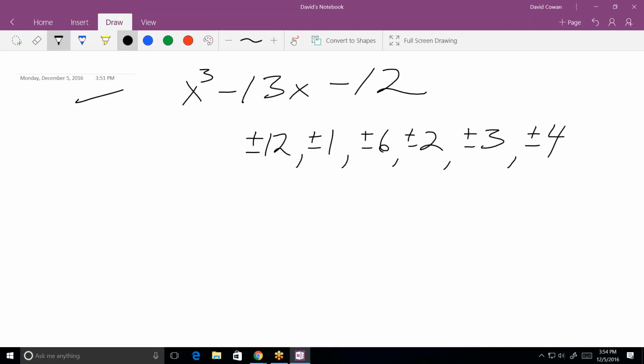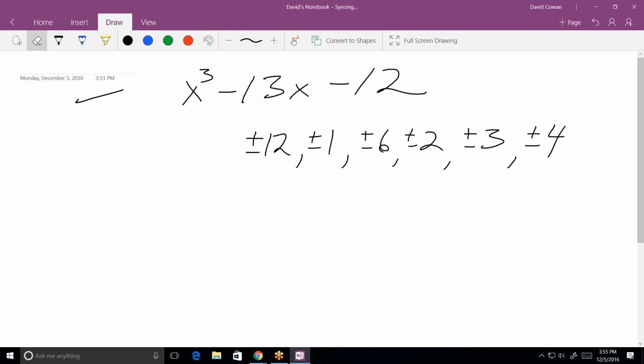So the rational factor theorem merely says that if there is a rational factor, its numerator has to be p over q. P has to be a factor of the constant. Q has to be a factor of the coefficient of x cubed. Well, in this case, that gives you these possibilities.